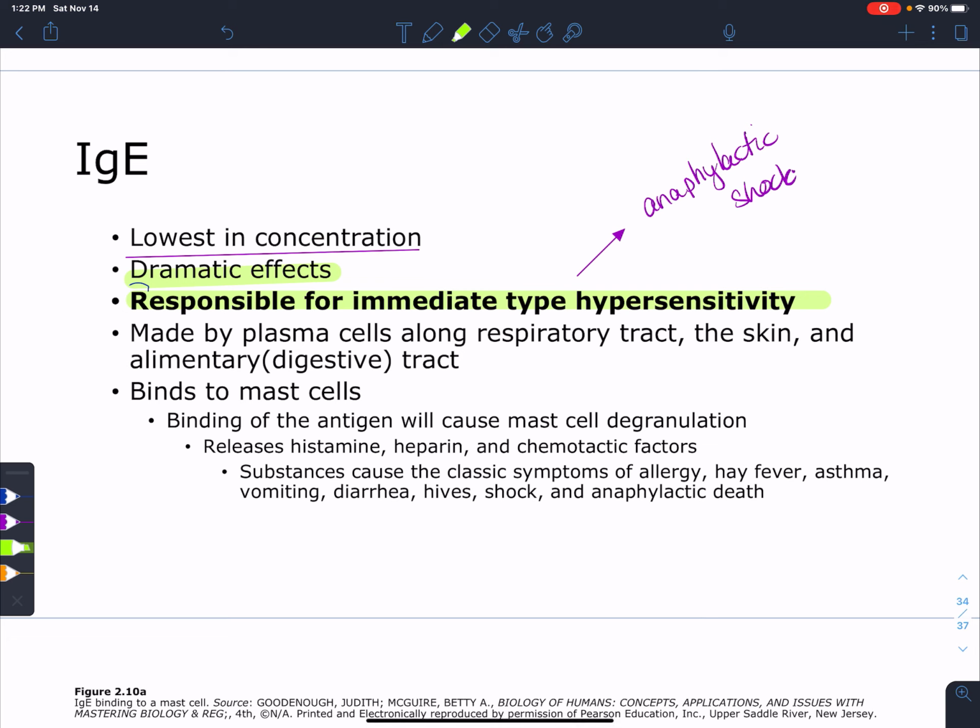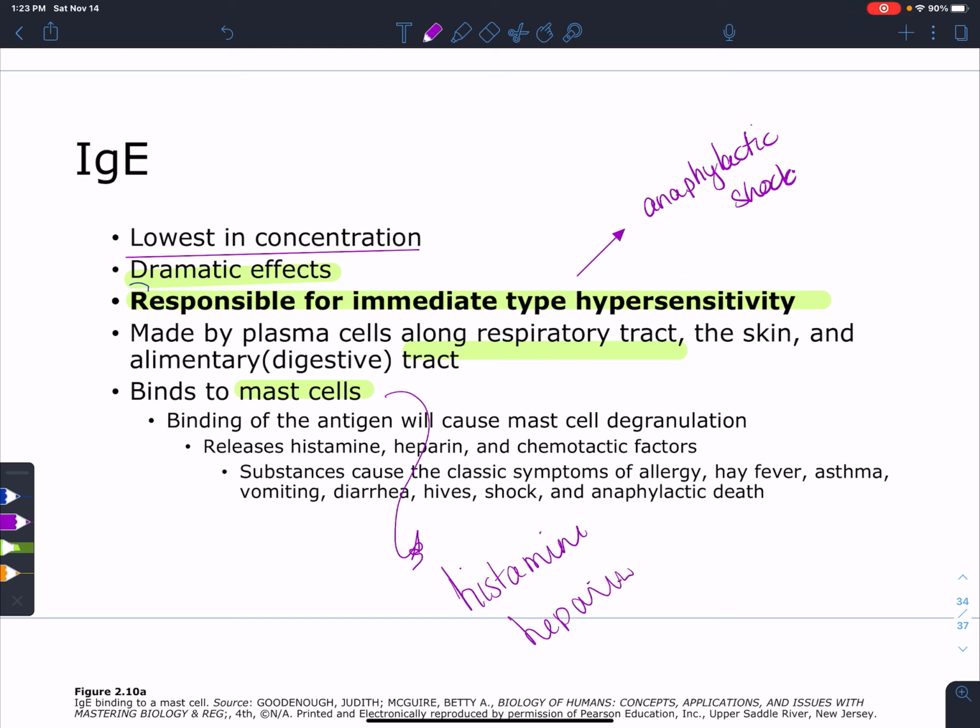So it's made by plasma cells along the respiratory tract. If you think about that, it's allergies. It's where we breathe a lot in. Okay, digestive tract as well. It binds to mast cells, and if you remember those mast cells, they spit out a lot of histamine and heparin.